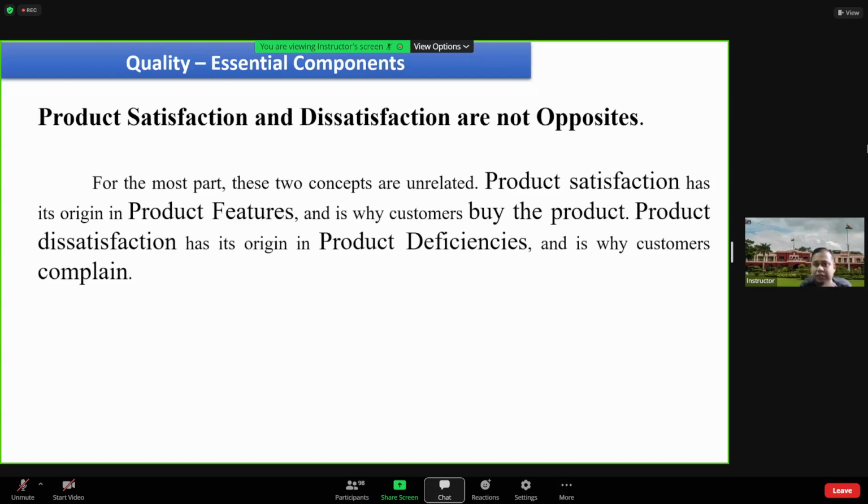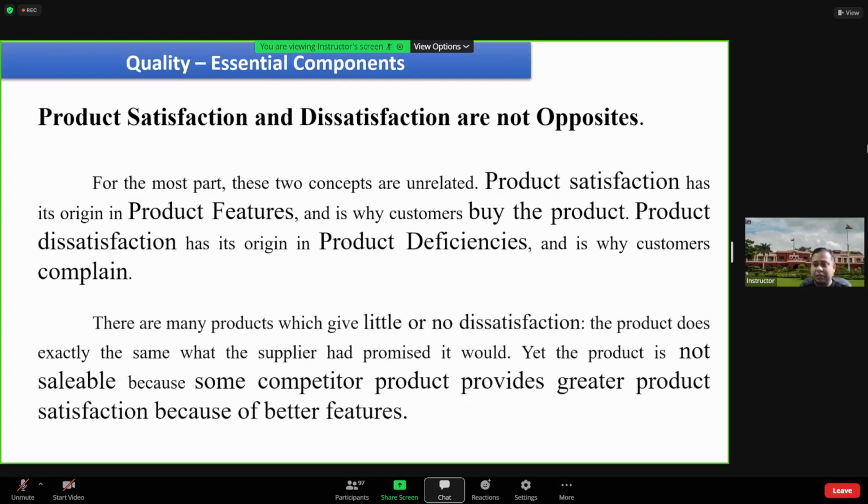So even if we are not dissatisfied, we are not fully satisfied either, and it depends on external things also: the competitor is providing better features, and our product is not selling.